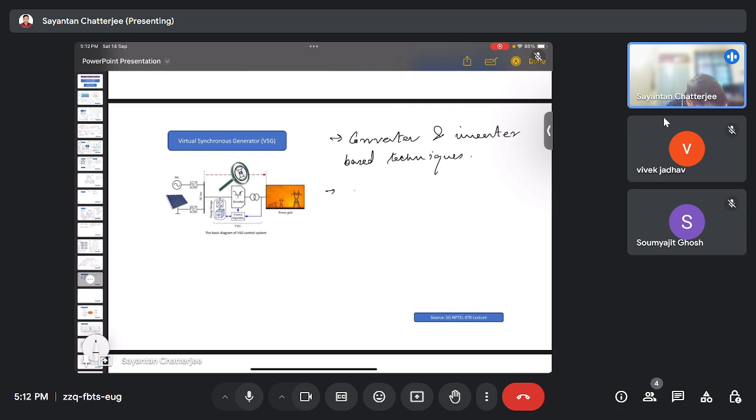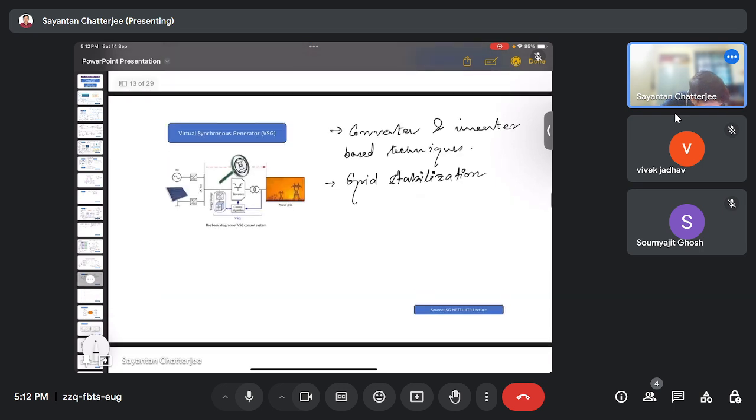So they also provide the grid stabilization, like frequency regulation, etc.